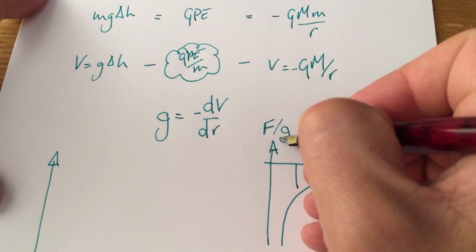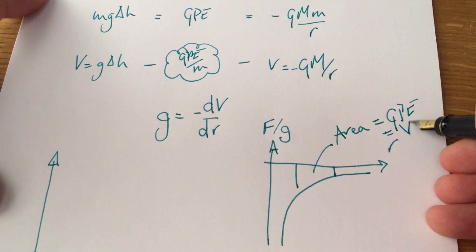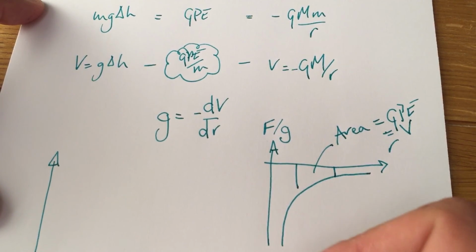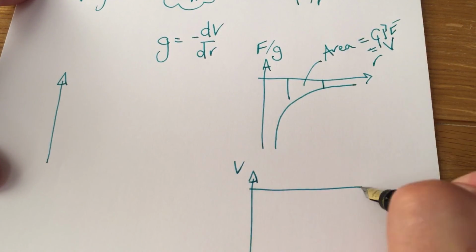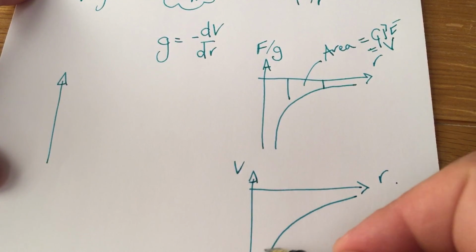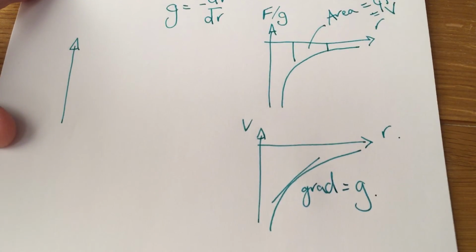If it were g, then the area would give us the potential. Okay, with potential and distance, which drops off as 1 over r, the gradient equals the gravitational field strength.